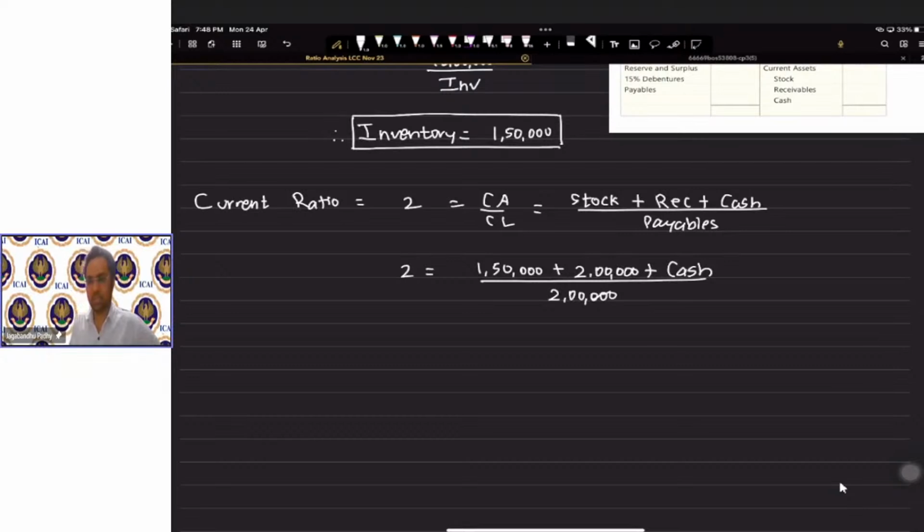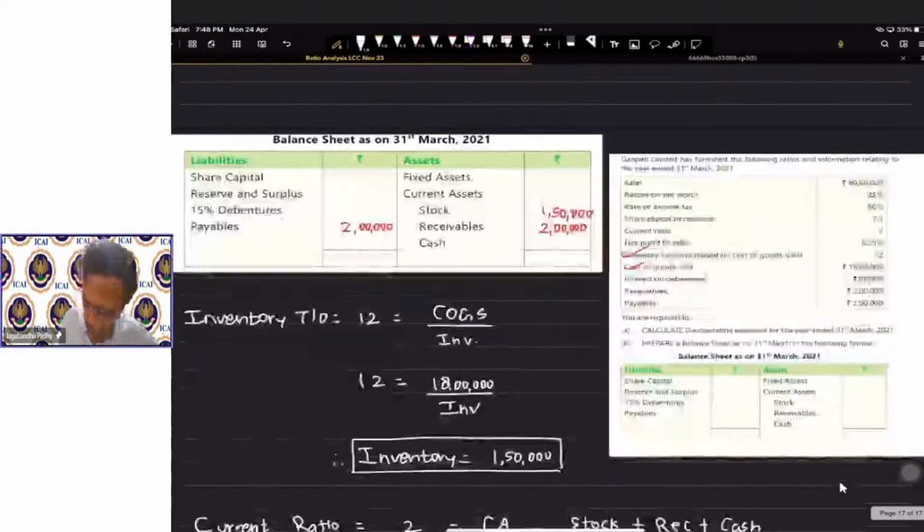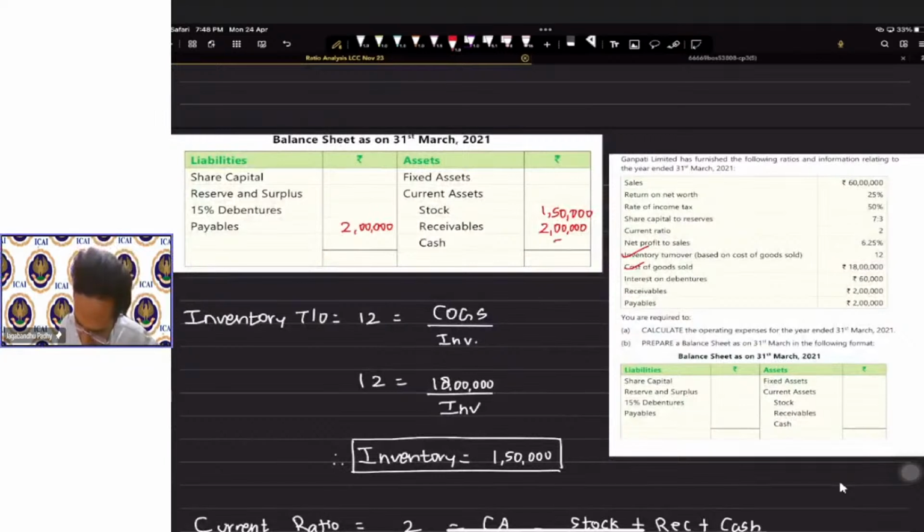So you can just solve it as 4 lakh is equal to 3 lakh 50,000 plus cash. So basically you'll have a cash of 50,000. Done. We have used this current ratio also.